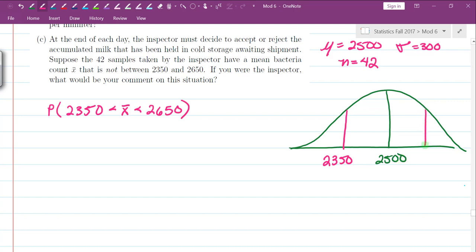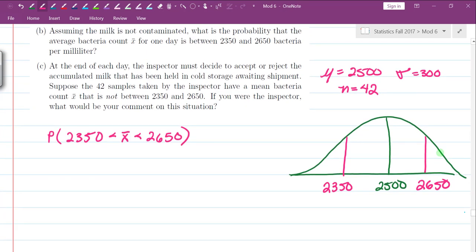It said, what's the probability that the average bacteria count is between those values? So we're looking for this area right here. That's the area under the curve that we're looking for.